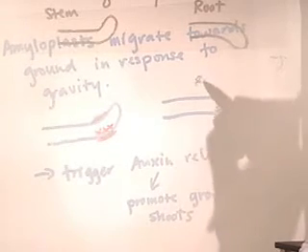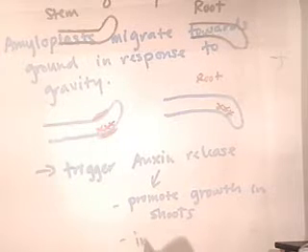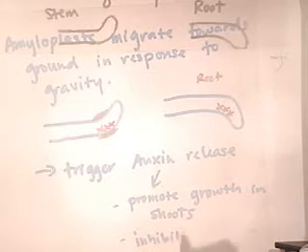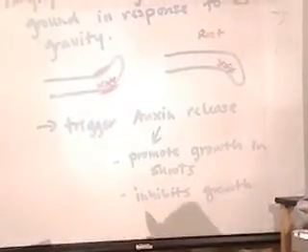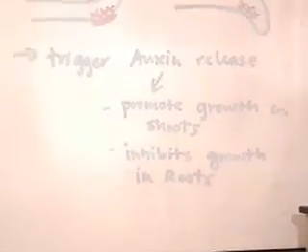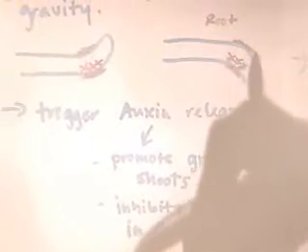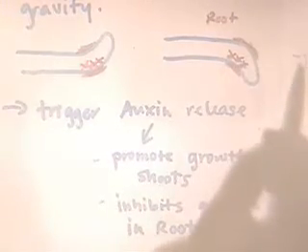In my root, it actually inhibits growth. So in this case, this side right here is growing less in my root than this side right here. So that's why it starts growing down into the ground.